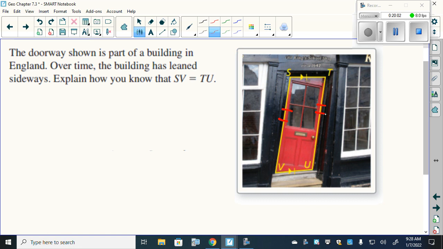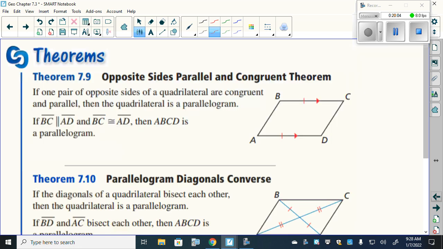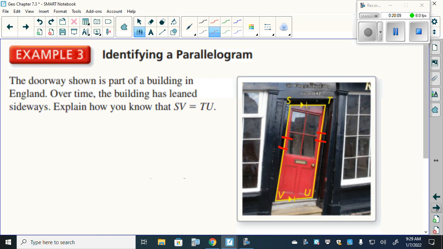They are parallel and congruent, which by our opposite sides parallel and congruent theorem would make this here a parallelogram.